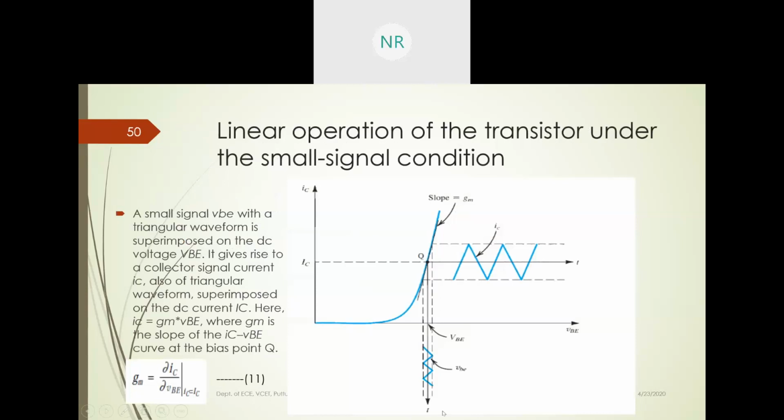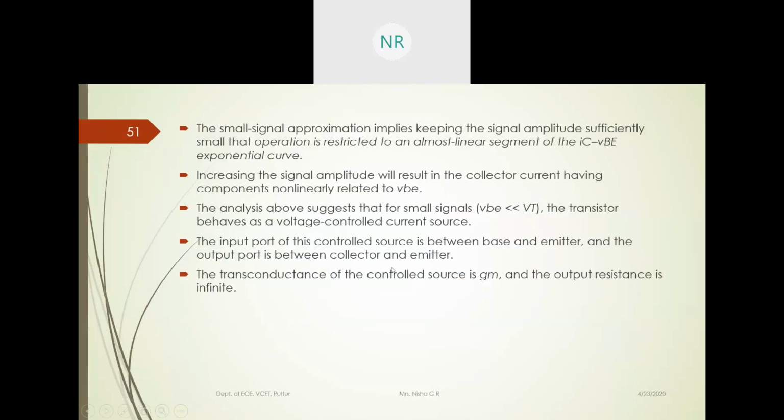That is, by controlling VBE we get the collector current. The input is between the base and the emitter, VBE, and the collector output port is between the collector and the emitter. Since it is a common emitter configuration, the emitter is common for the input and the output, and the transconductance of the control source is GM.